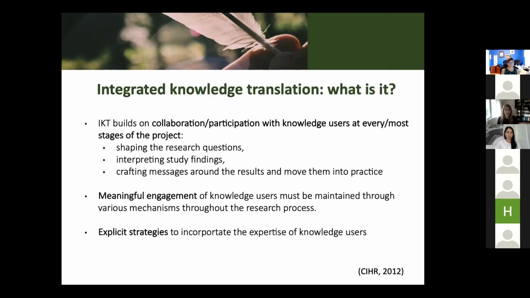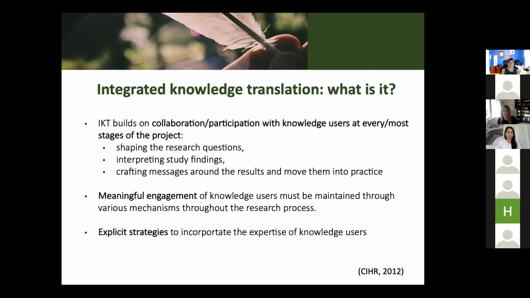So as I said, IKT builds on collaboration or participation with knowledge users at every or at most stages of the project. The minimum requirement for IKT is that researchers and knowledge users make joint decisions to shape the research question, to interpret the study findings together, and that they work together to craft the message around the results and move the research results into practice.